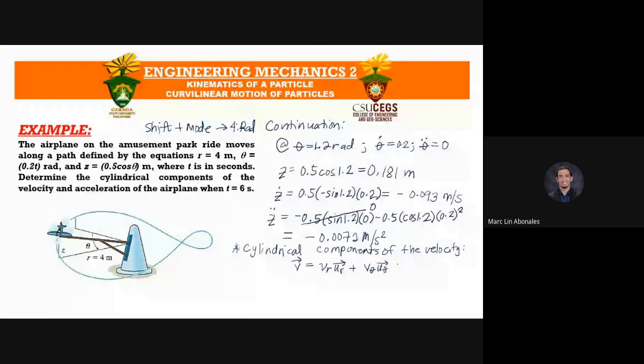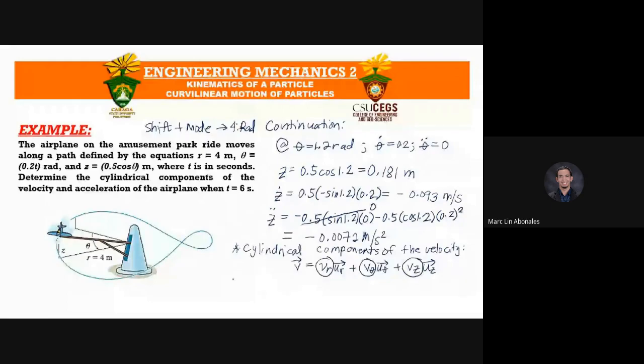And since this is three-dimensional, napay isa ka term which describes the z coordinate, which is the VZ times the unit vector UZ. So these three are the cylindrical coordinates or components of your velocity.